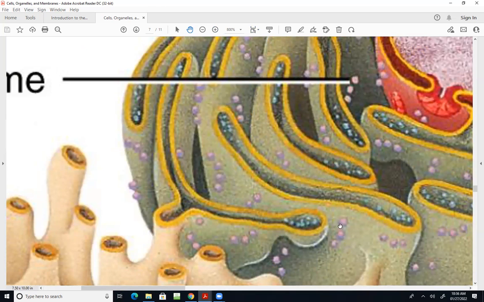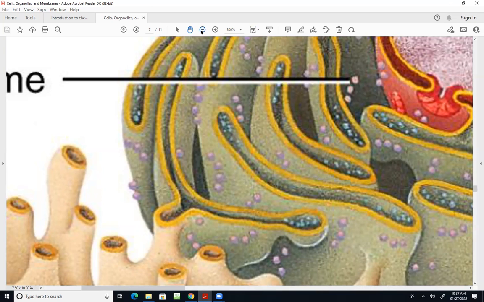The proteins that are made here and the fats that are made down here need to be moved and carried from the ER to the next organelle that we're going to talk about on the next slide. So those proteins or fats will accumulate on the inside, and then a pretty cool process occurs where the membranes pinch inward and a bubble breaks free.